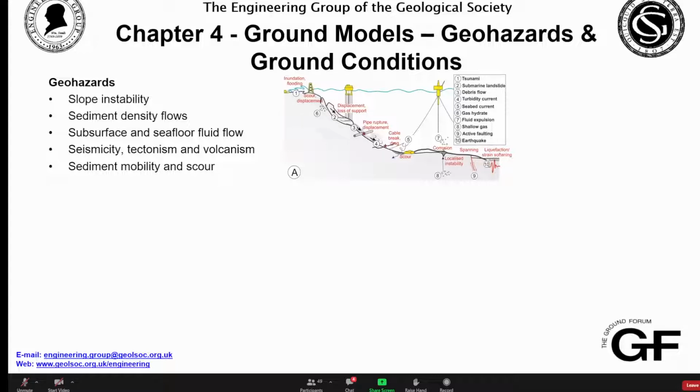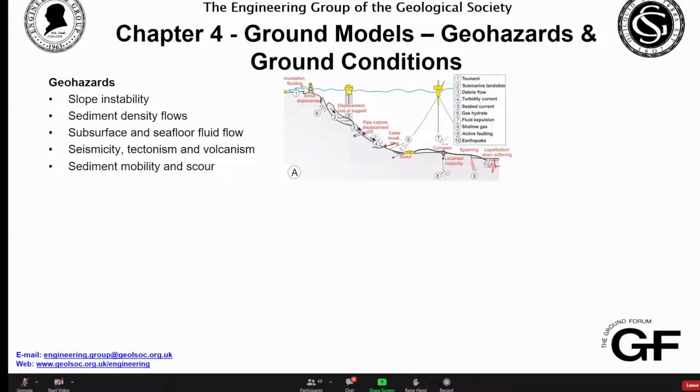from actual projects, from various different types of development, from offshore renewables, telecommunications cables, oil and gas, to include aspects such as submarine slope instability and landslides, sediment avalanche, sediment density flows such as turbidity currents that can break cables or impact pipelines, the influence of subsurface and seafloor fluid flow, and then regional seismicity, tectonism, and that tectonism can be related to plate tectonism as well as in relation to glaciotectonism or induced by subsurface salt movement and volcanism.